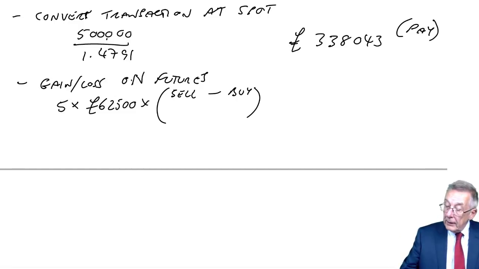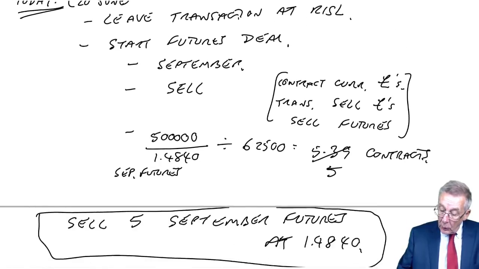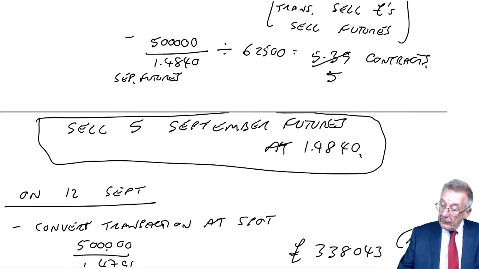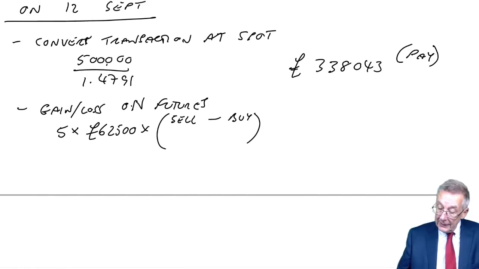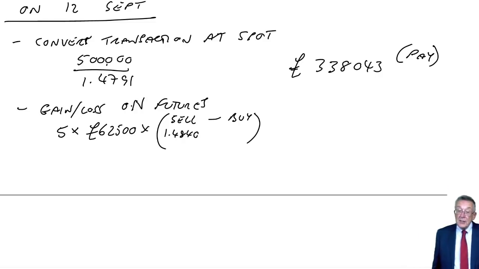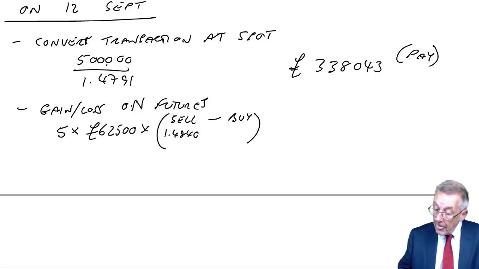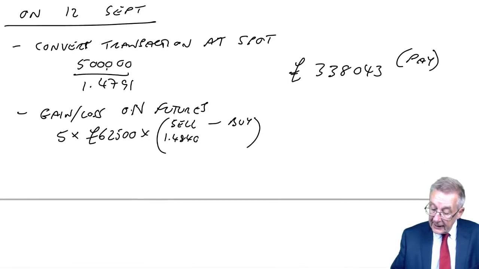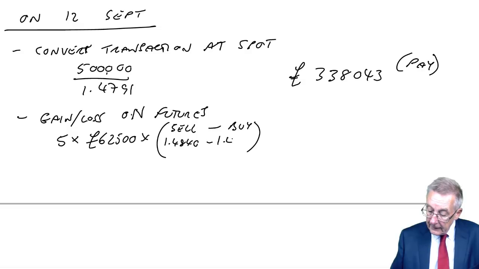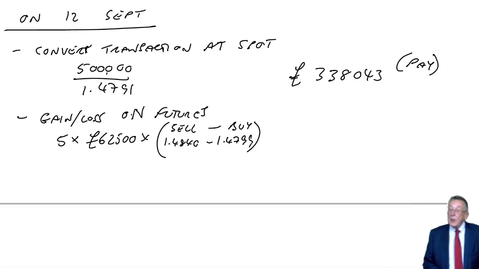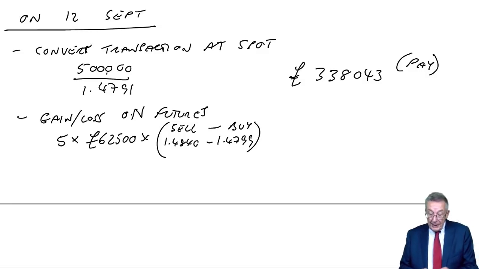Now here, remember, we sold futures initially at the current rate, which was 1.4840. To finish the deal, we buy futures on the 12th of September, and we've just worked out a price of 1.4799. The difference between the two is the profit.